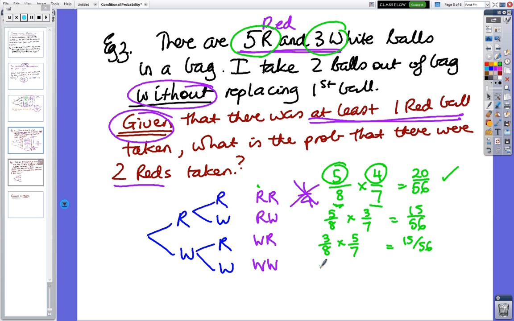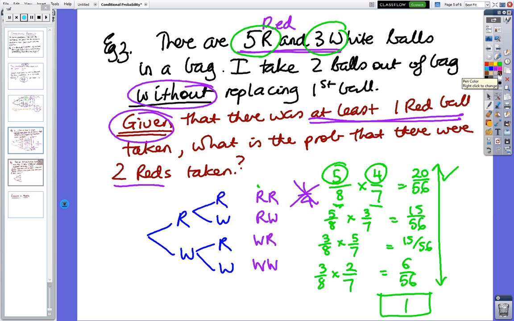And the last one, white, white, is 3/8, and we've taken a white, so we've only got 2 whites left out of 7 balls. So that's 6/56. And again, just to check, all those answers should add up to 1, which they do.